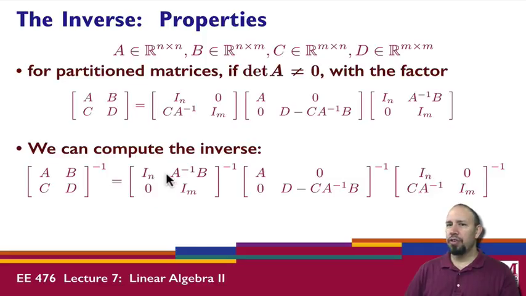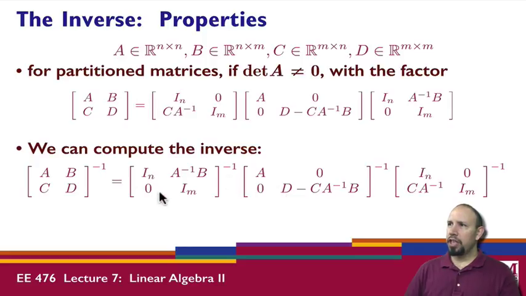It turns out that these matrices all have fairly simple inverses that we can compute. So whereas this matrix itself may be very complicated to compute, we can compute these individual inverses, multiply it all together, and we get the overall inverse.